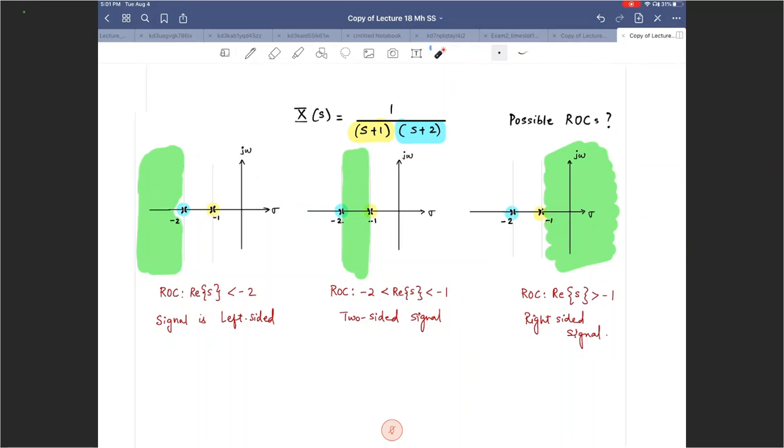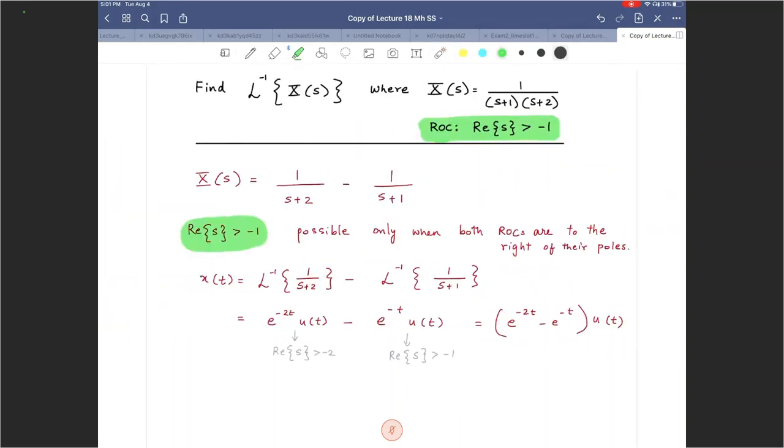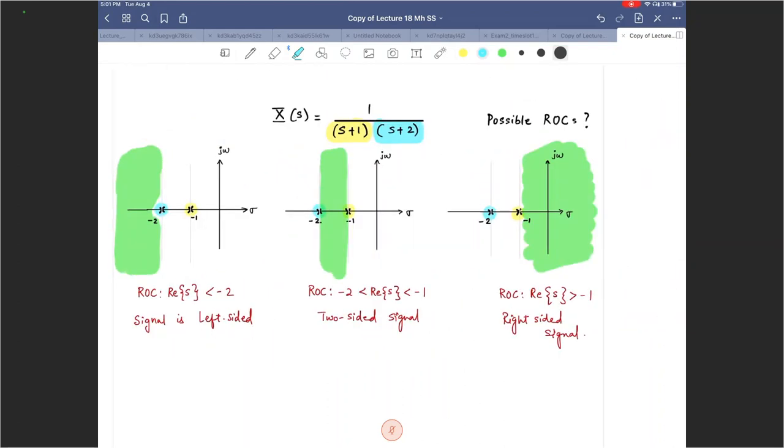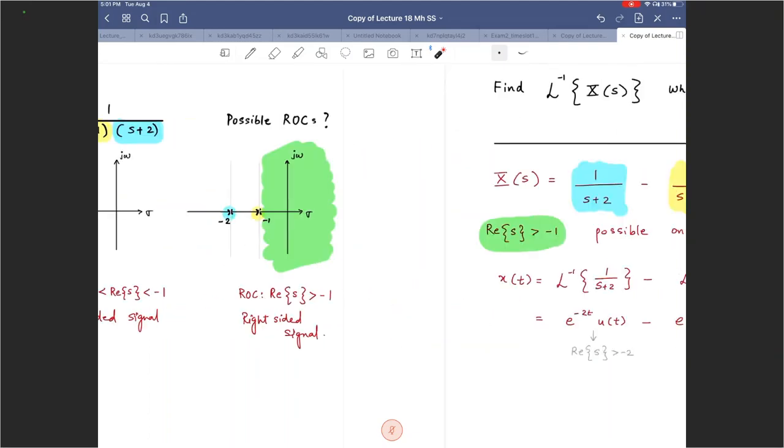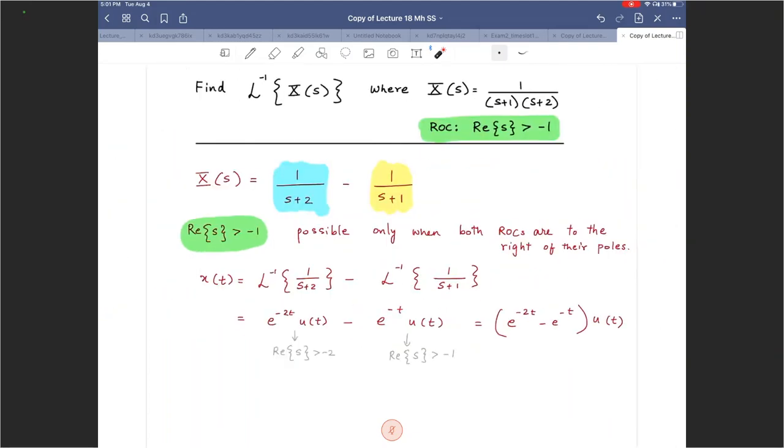They are both coming from these two fractions here, one in yellow and the other in blue. I've used yellow for -1. So the only way I can get this as the region of convergence is if both the poles had their region of convergence going to the right. That's the only way I can get that intersection. So we know that both of these are individually going to be right-sided.